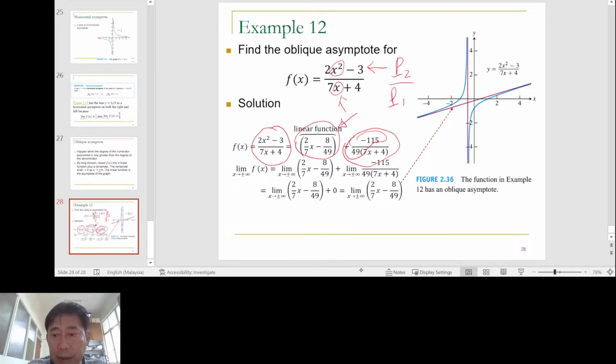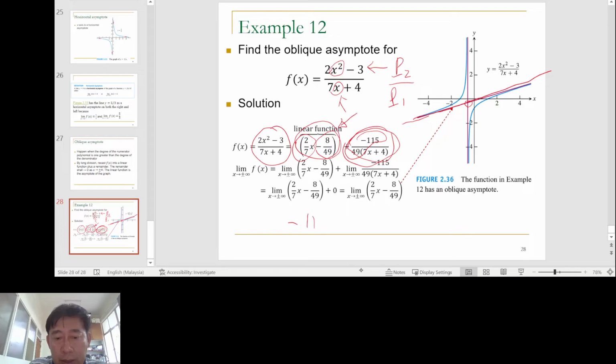It represents a line with a slope of 2 over 7, and it cuts through the y-axis at this point. Okay, and then you have this residual function.